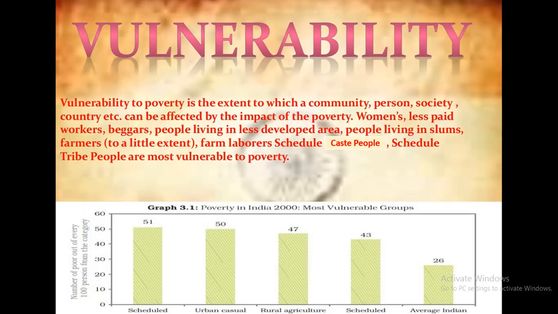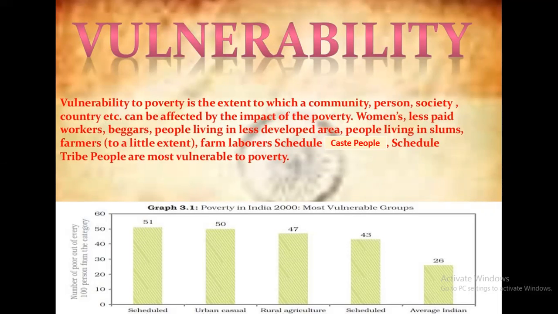Okay. So here you can see in this graph: scheduled caste, urban casual class, rural agricultural class, scheduled tribe, average Indians. These are different groups of people, and these are the most vulnerable groups, and the graph shows the number of poor out of every 100 from the category.